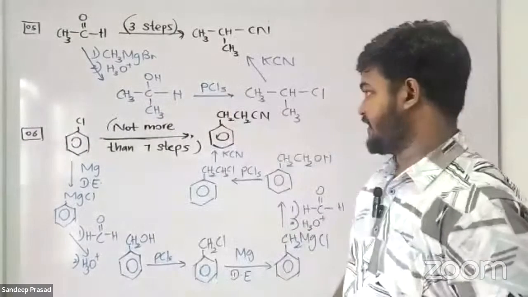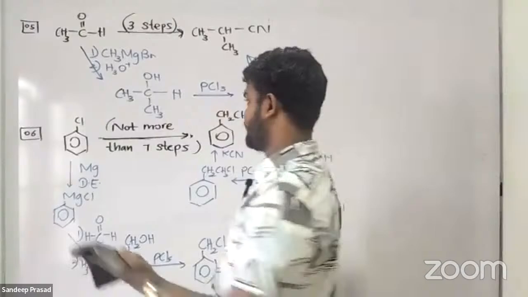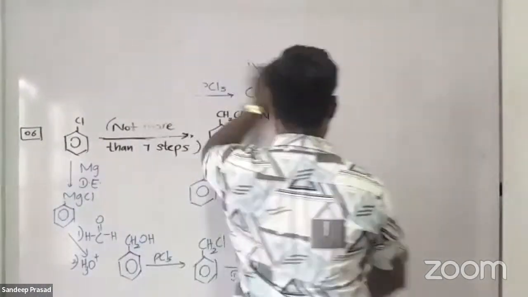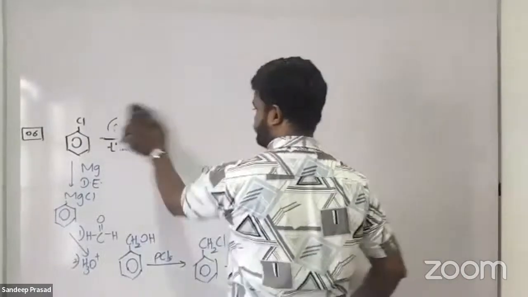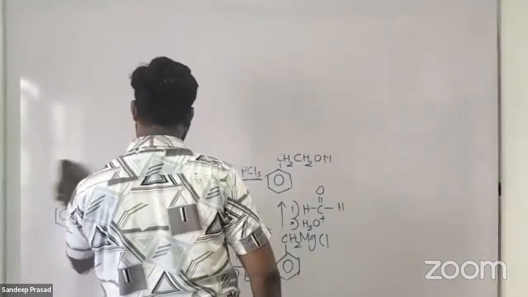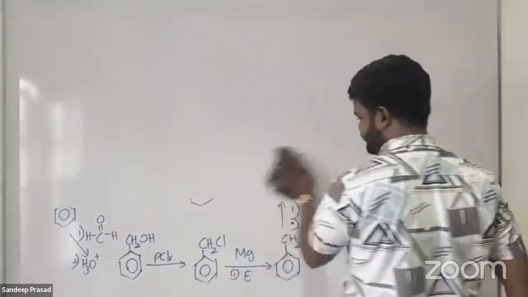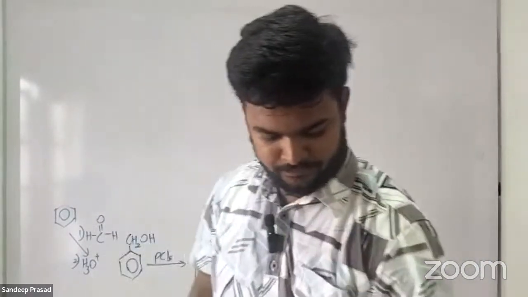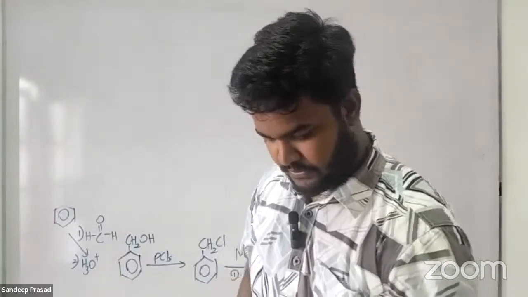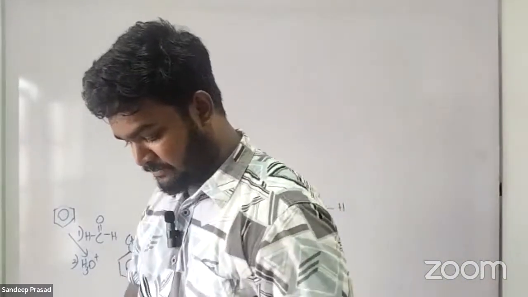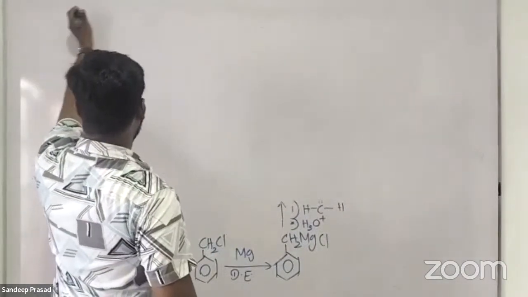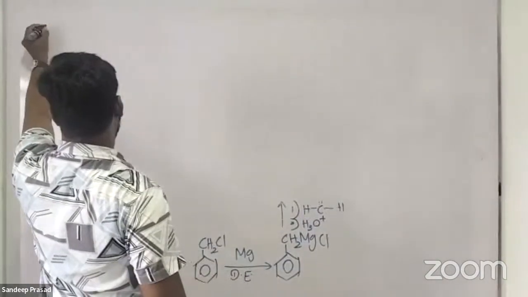Let's move to the next reaction quickly. Special conversion reaction number 3, hydration of alkynes. Let's see. So now we are going to include another reaction for the reaction list. Understood? So special conversion reaction number 3, hydration of alkynes.